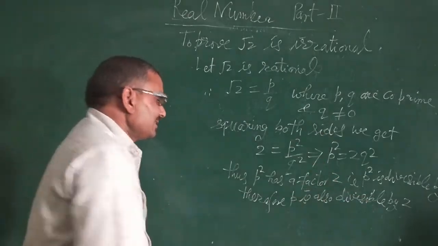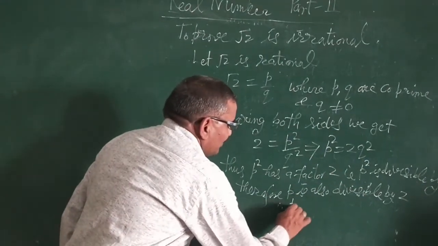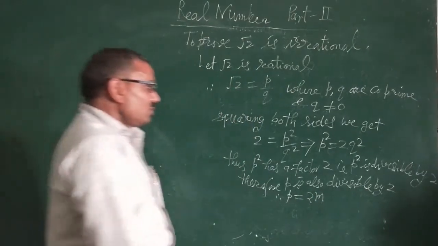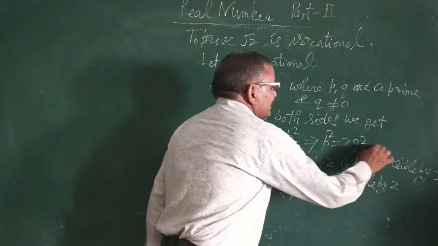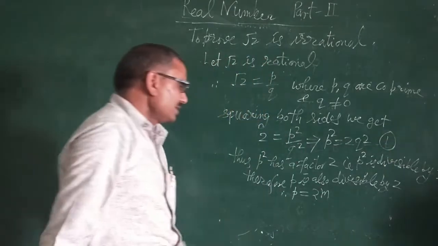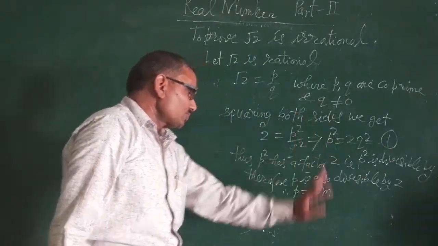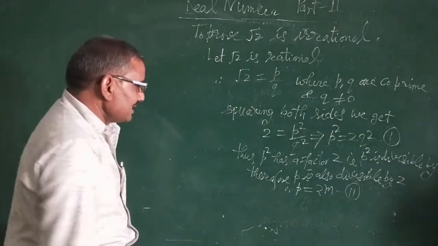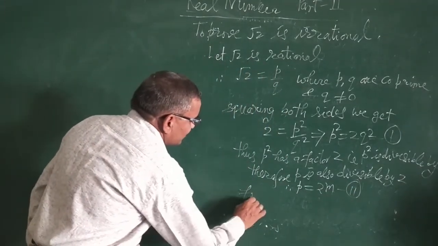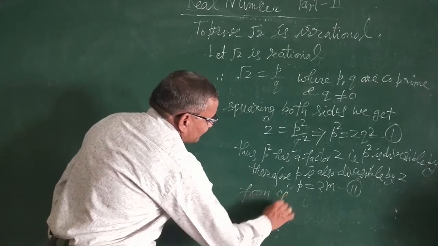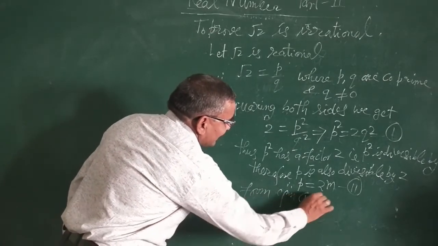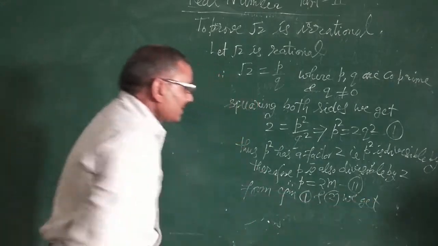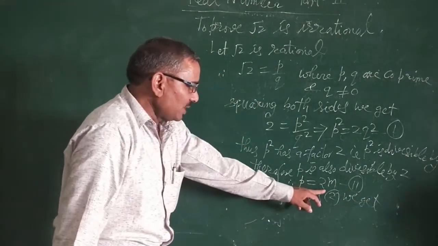So p must be written as 2m. Now here p square is equal to 2q square and p is equal to 2m. With the help of these two relations, from equations 1 and 2, in place of p we write 2m.